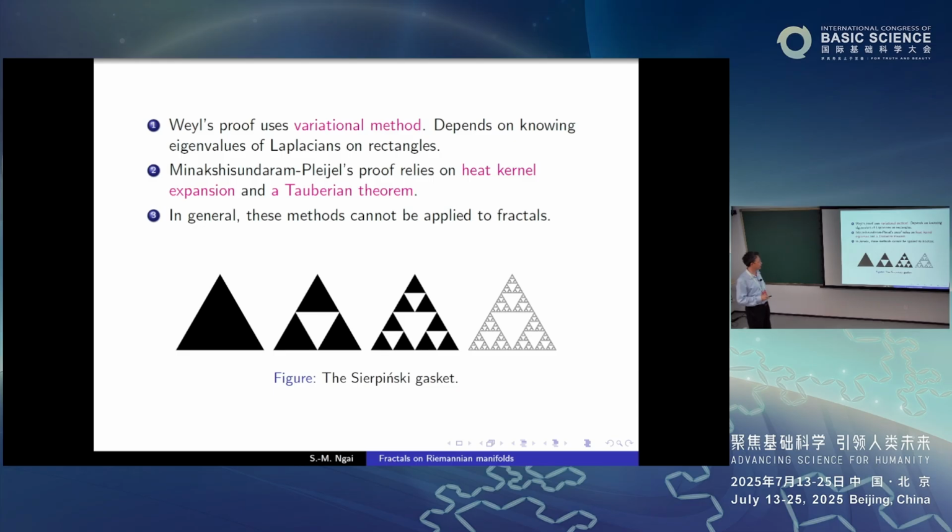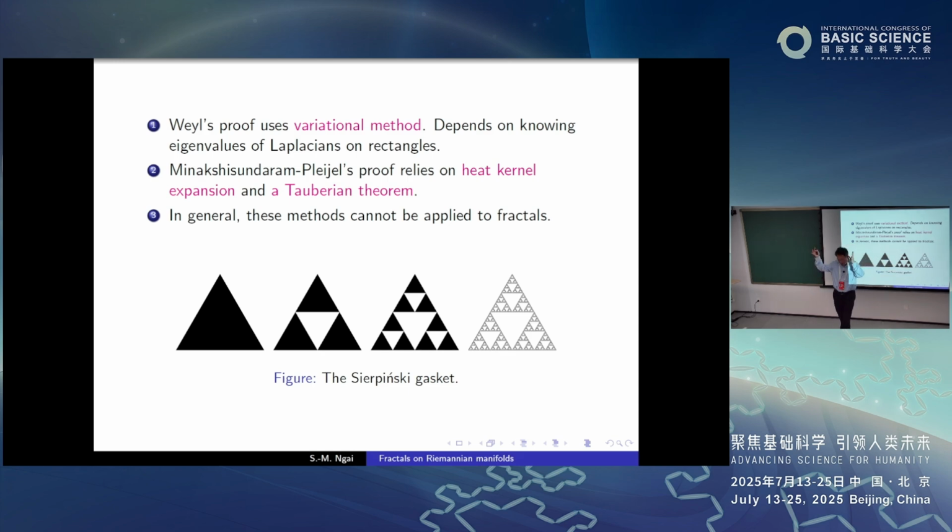You take an equilateral triangle, remove the middle fourth, so we're left with these three, and then continue this process. In each of these three triangles, remove the middle one. This is a decreasing sequence of non-empty compact subsets.